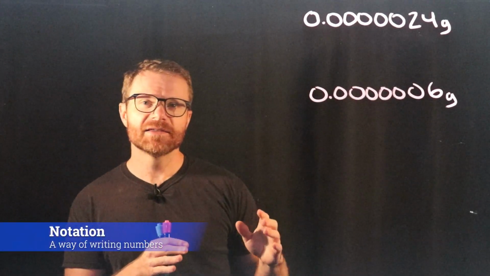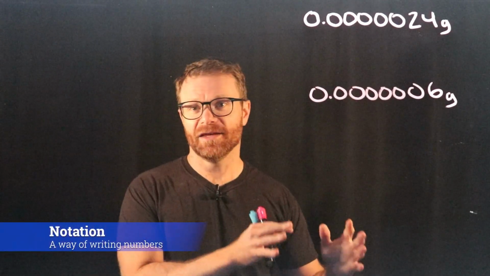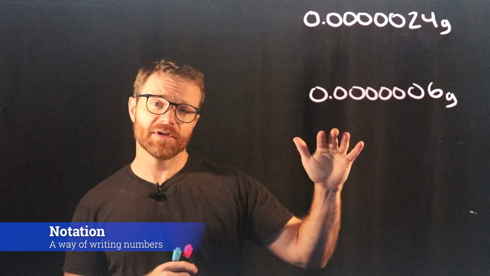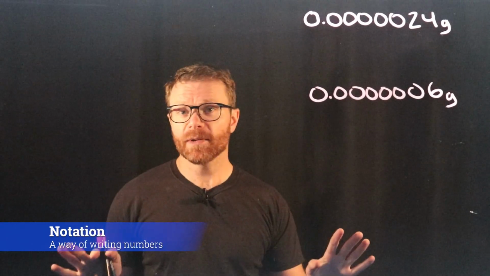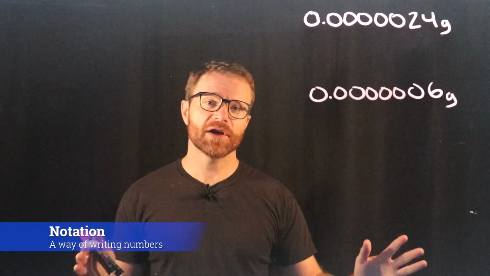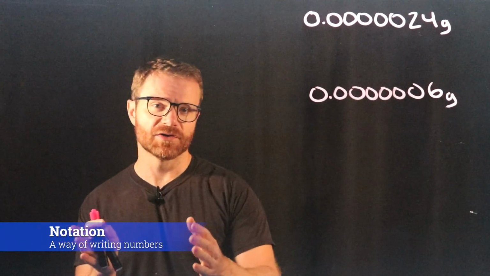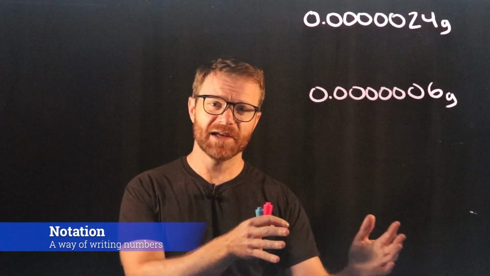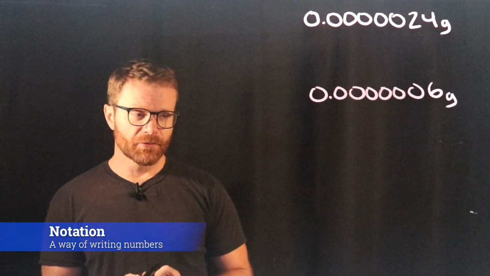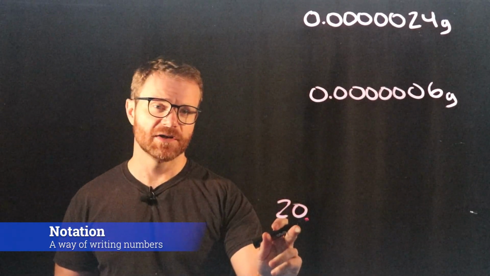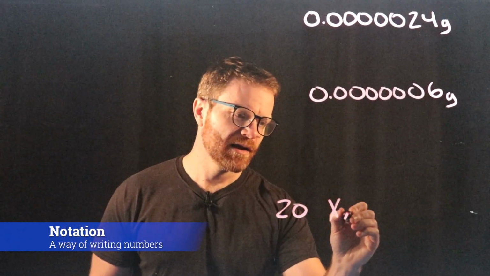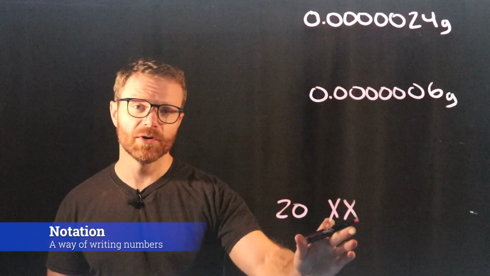The other thing about scientific notation is that it's notation. What that means is it's just a way of writing things down. When you put a number in scientific notation or take a number out of scientific notation, you're not transforming that number at all. And in fact, you can always check your work because a number in scientific notation should always equal itself in decimal notation. Just like writing 20 in decimal notation is the same as writing XX in Roman numerals.